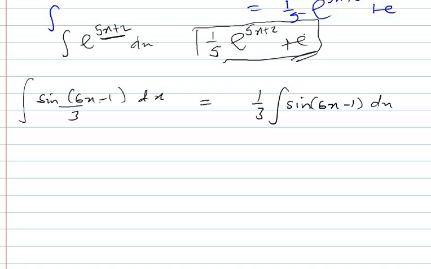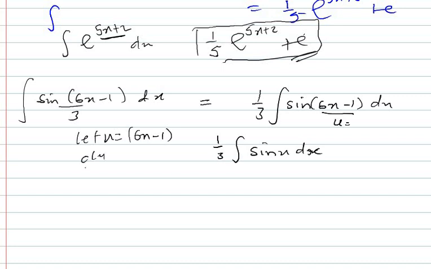If we multiply this, it will give you this. So let u be equal to this, then our integration becomes 1 over 3 integral of sine u dx. Since we let u equal 6x minus 1, du with respect to x is equal to 6.